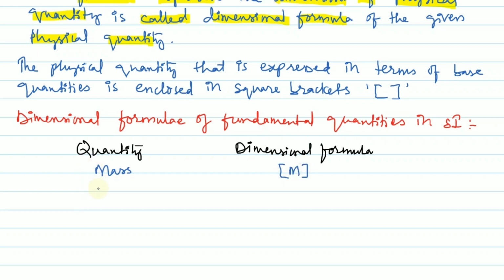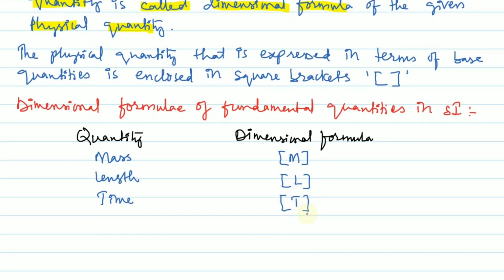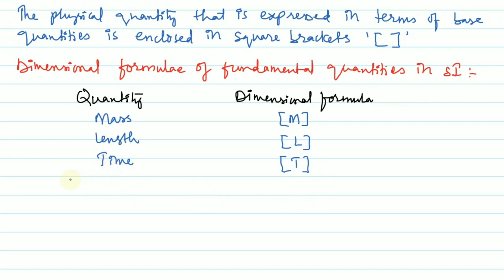Next is length, and its dimensional formula is capital L. Next, time, its dimensional formula is capital T. Next, strength of electric current, its dimensional formula is I.